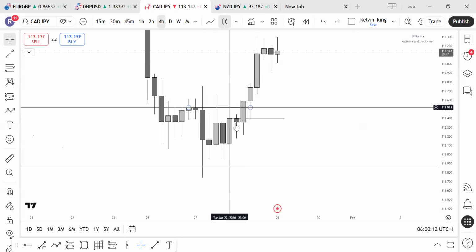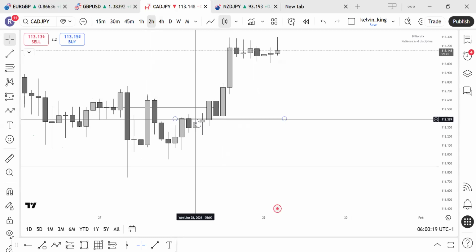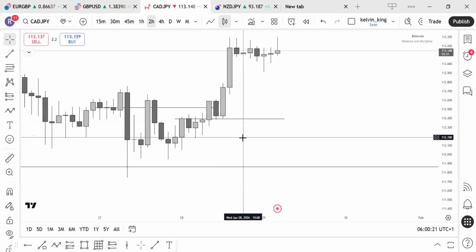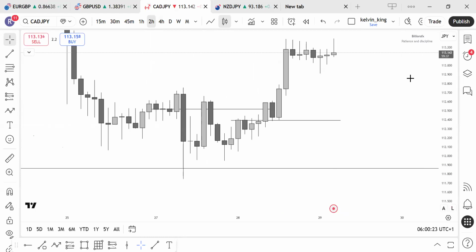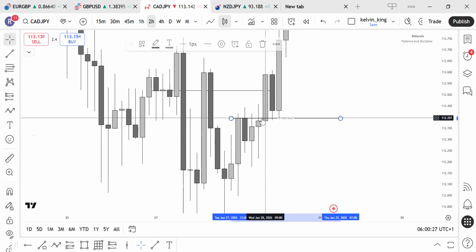Now when price showed me we are now bullish, inside these 4 hours, if I come to 2 hours, you see that 2 hours also has the third candle rejection.